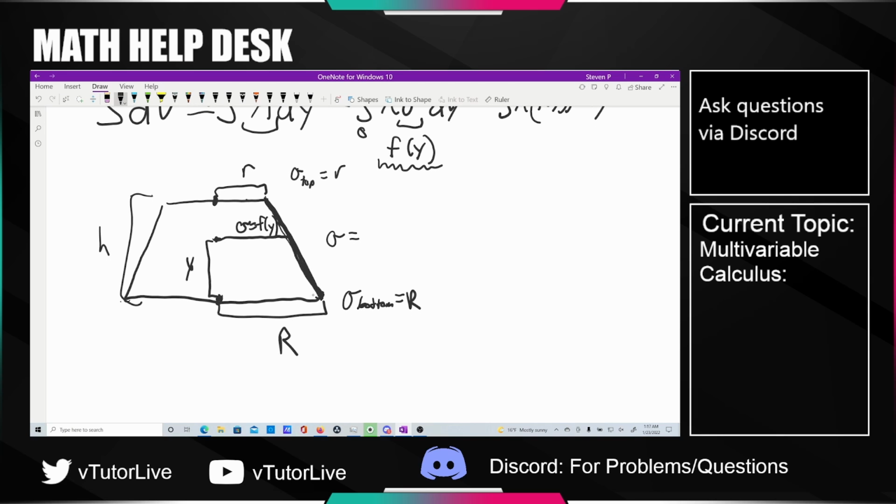You can just define your coordinate system. If you treat this as a coordinate system, and this is x, and this is y, we just want to find an expression for the line, right?